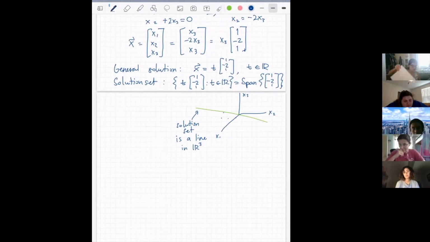Okay, so we can also do a similar thing with non-homogeneous systems. So we can also use vectors to write down the solution set.